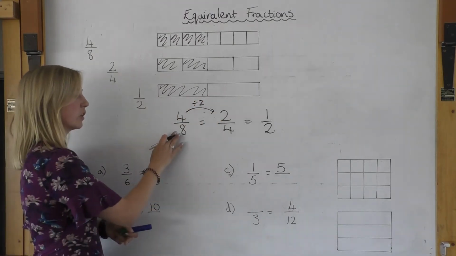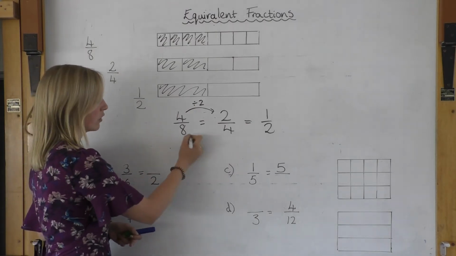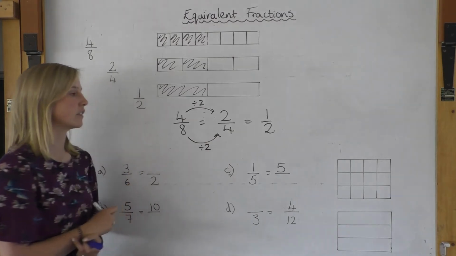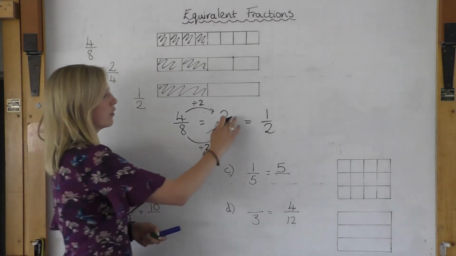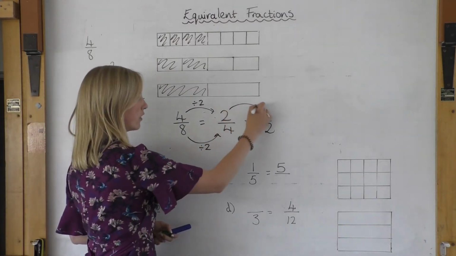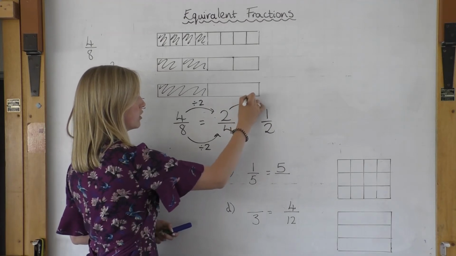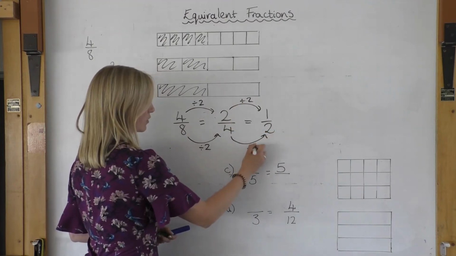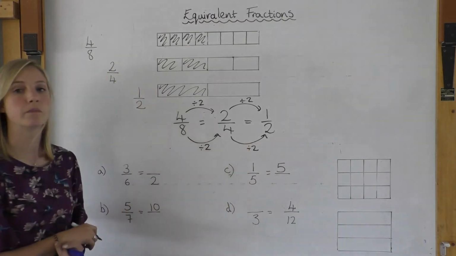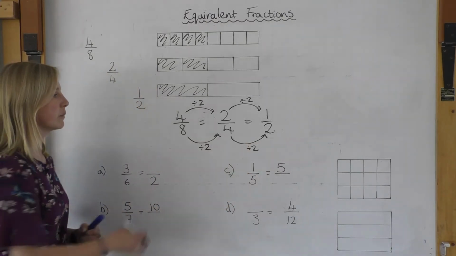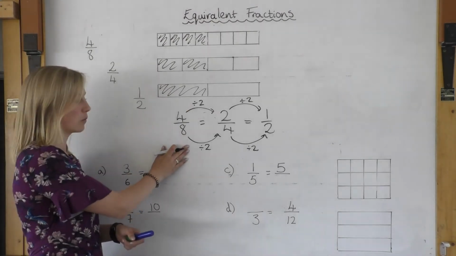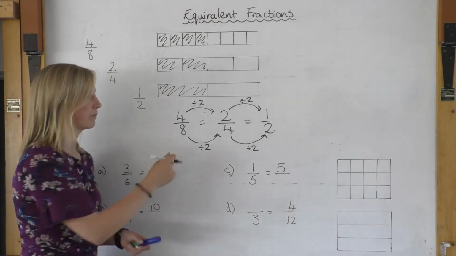And in order for me to go from 8 to 4, again, I've divided or halved that. To go from 2 to 1, I have also divided by 2. And to go from 4 to 2, I have also divided by 2. So these are all equivalent because the operation that we are doing to the numerator is the same as what we're doing to the denominator.